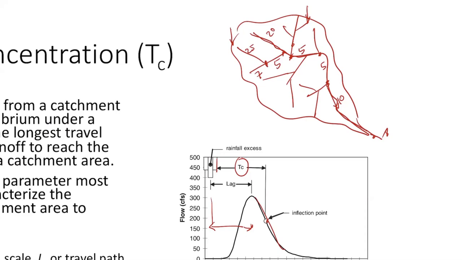That means TC over here will be 10 plus 5 plus 5, plus 20 for this line.